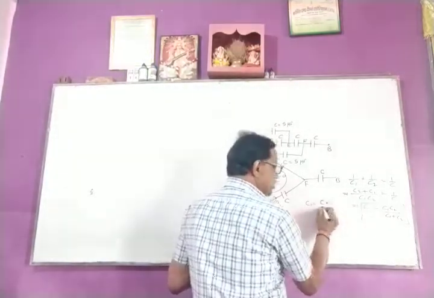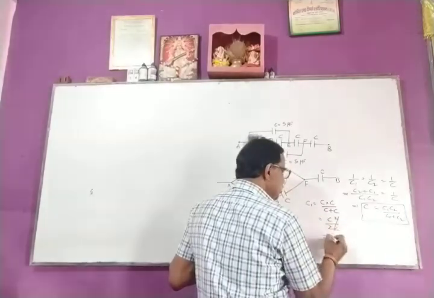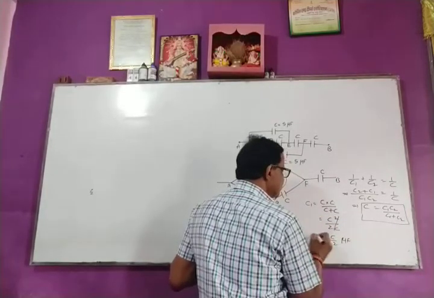So C into C upon C plus C, C square by 2C, so C by 2 microfarad, C1.